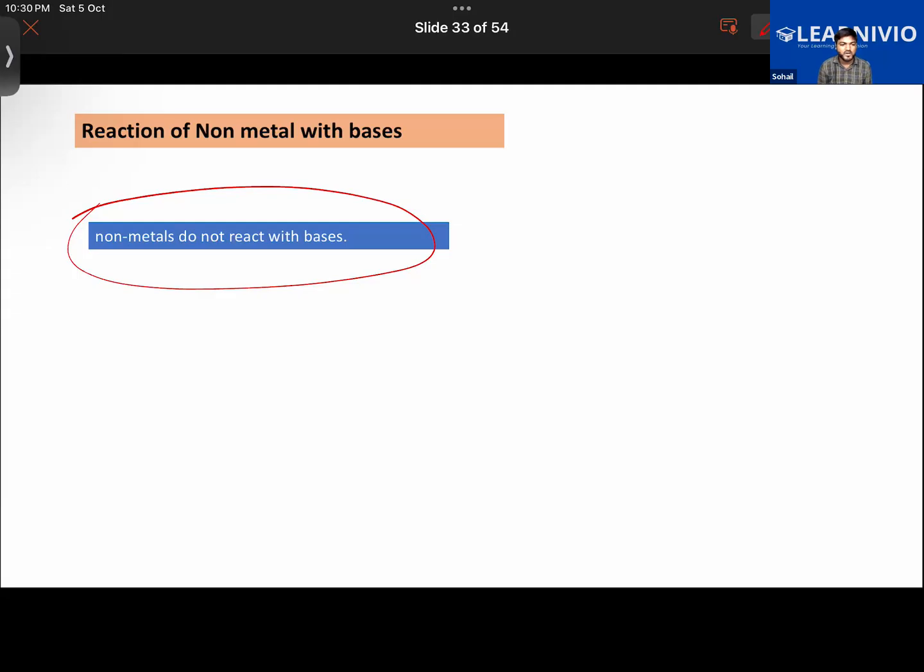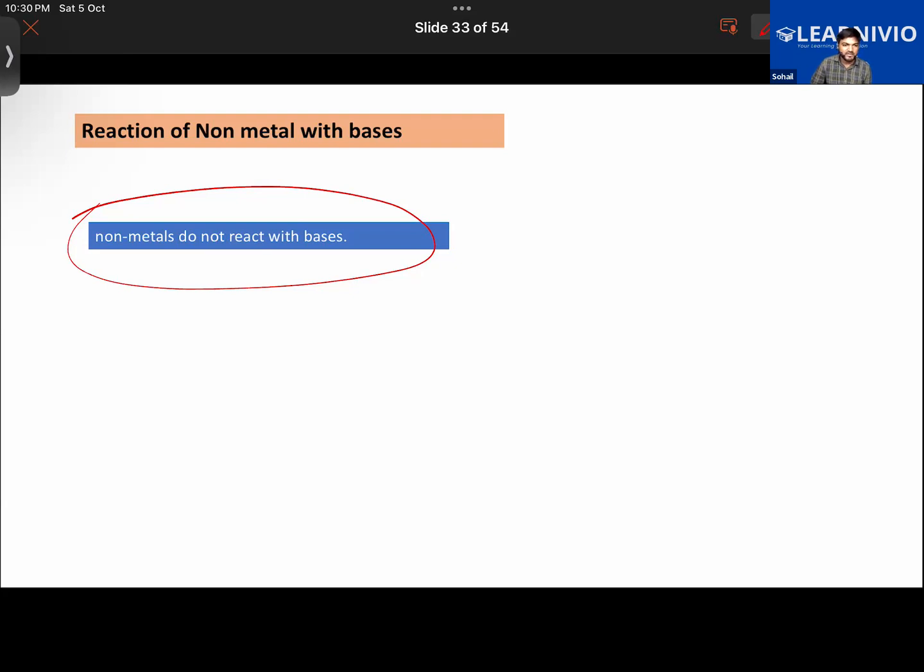Which metals will react vigorously with air? Sodium and potassium. Very good. Do tell me, are there some oxides by the name of amphoteric oxides that can react with both acids and bases? It's aluminum oxide. Okay.